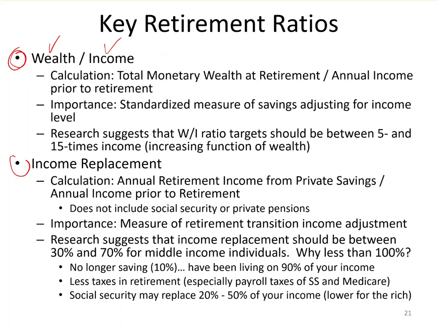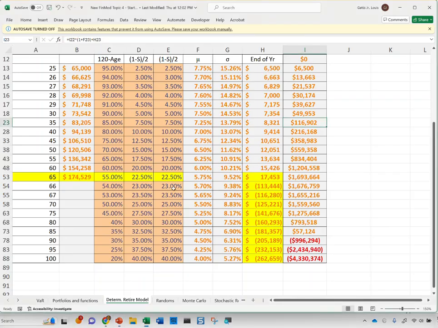So in this model, we assumed that this person needed to replace 65% of their income. So let's take a look at that assumption. They were making 174 in their final year. And then they withdraw $113,000, which is 65%. That was my income replacement assumption.